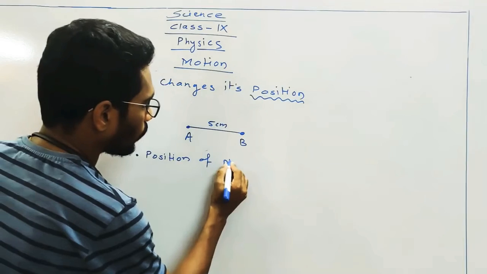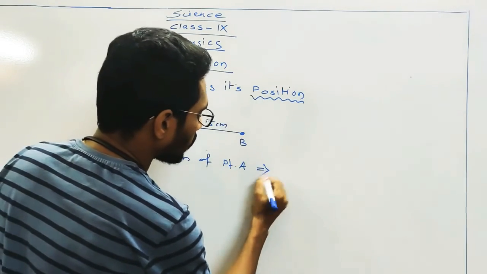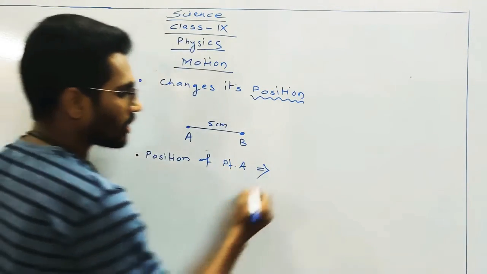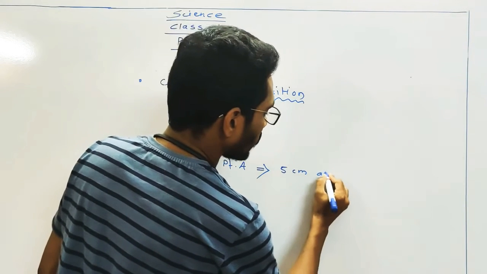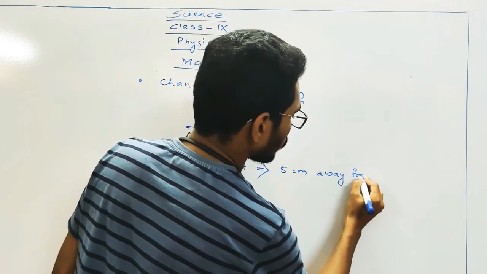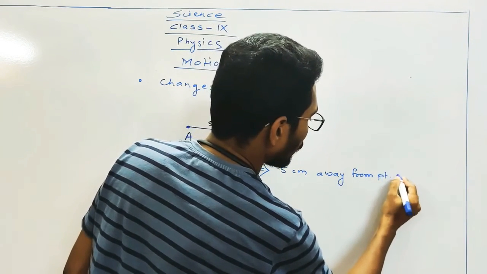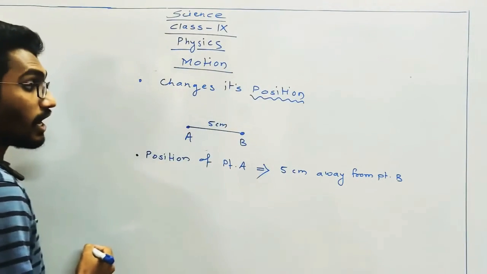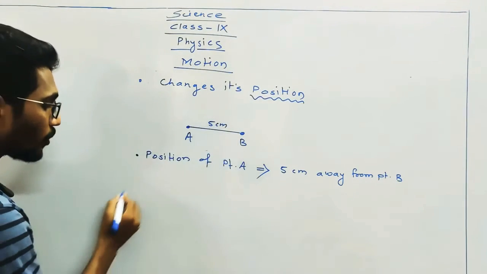How to describe the position of point A? 5 centimeter away from point B. And how to describe the position of point B?